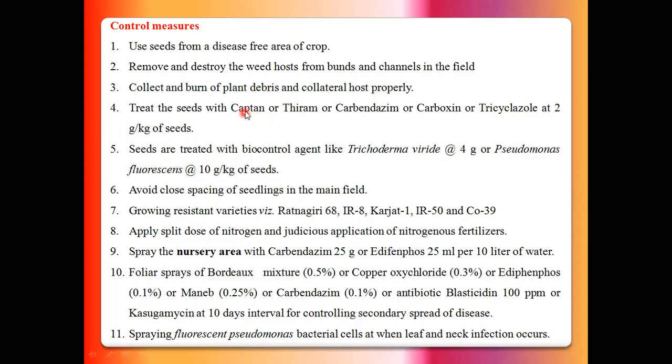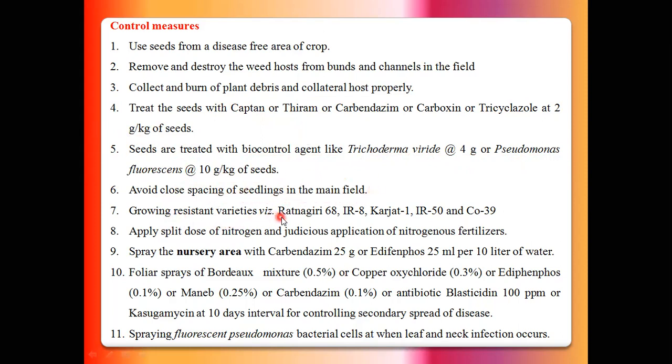Then the seeds already treated with fungicides are again treated with a biological agent, that is Trichoderma viride at the rate of 4 gram or Pseudomonas fluorescens at the rate of 10 gram per kg of seeds. Then avoid close planting of the seedlings in the main fields.